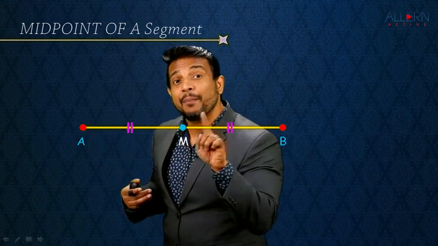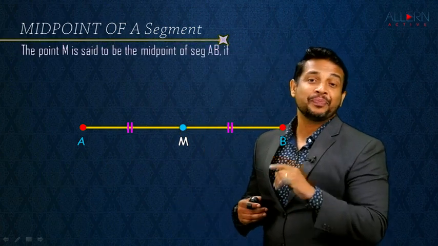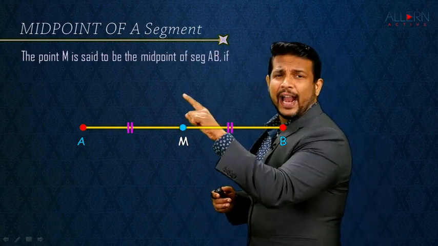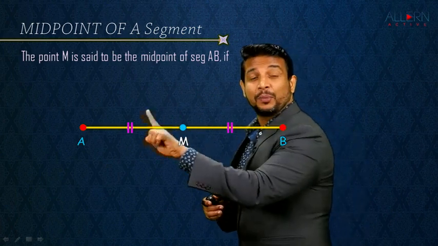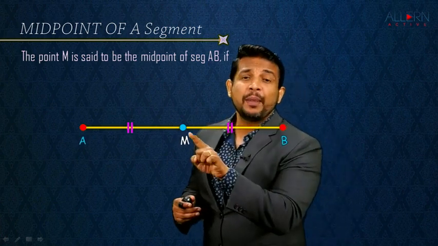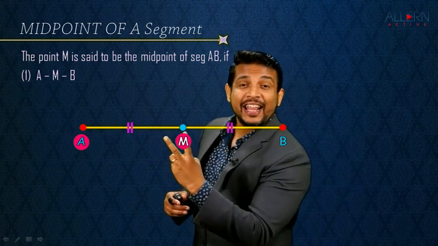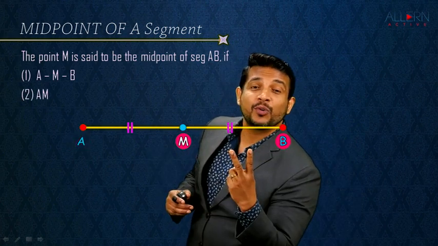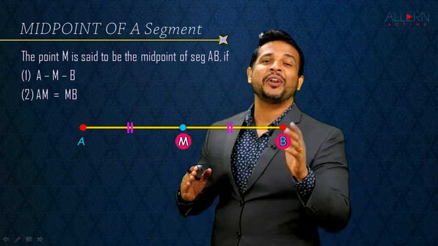That means A, M and B are collinear, and M is between A and B. That is what we understood. So M is said to be the midpoint of segment AB if, first condition, M is between A and B, and the second condition is AM is equal to MB. If this happens, then we say yes, M is the midpoint of AB.